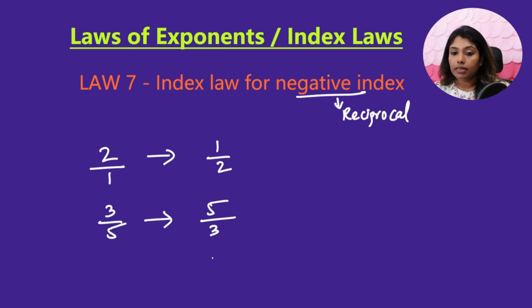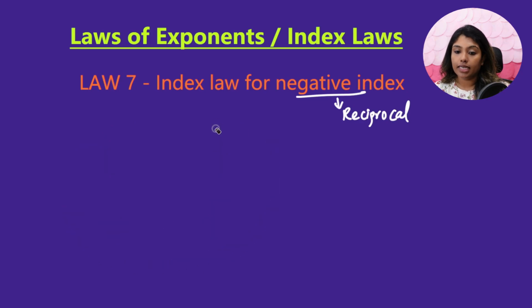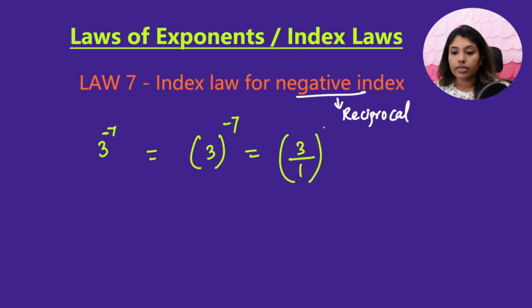Now we'll be applying these reciprocals in negative index to make it a positive index. Now let's say you have 3 to the power of 7, okay? And let's say 3 to the power of negative 7. So what happens here is, this is basically 3 raised to negative 7. Now if I have to rewrite this 3 as a fraction, I would rather write it as 3 over 1 to the power of negative 7.